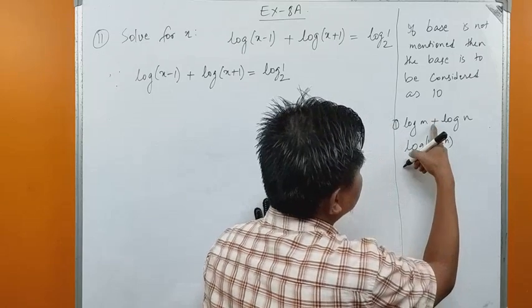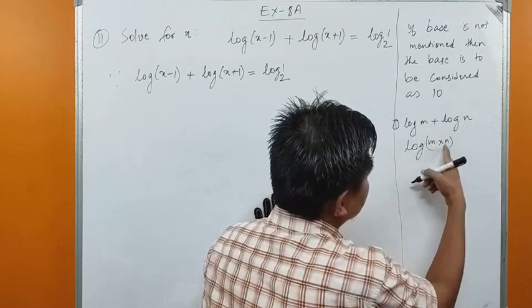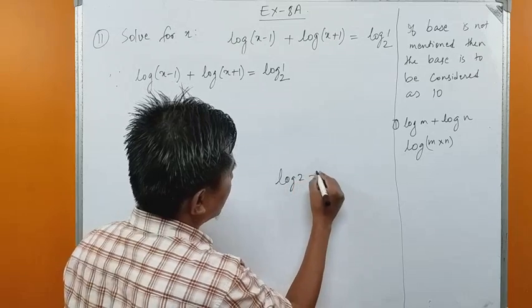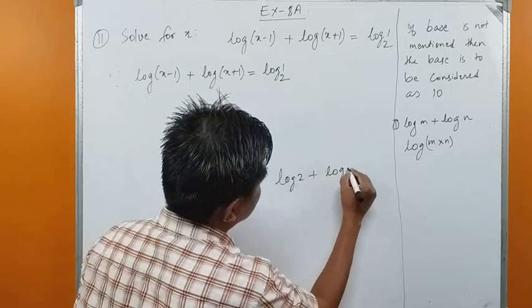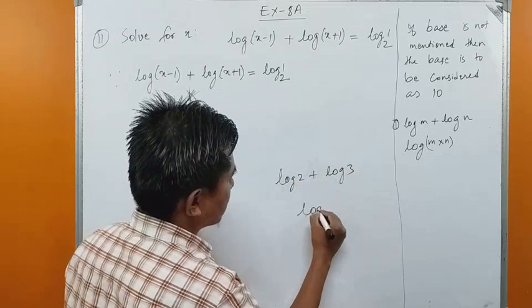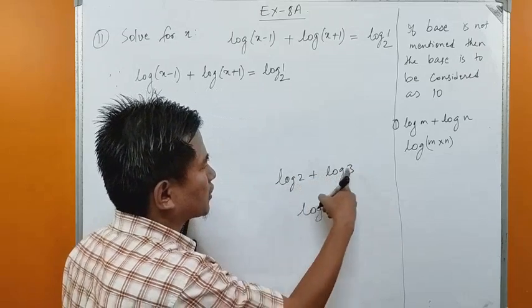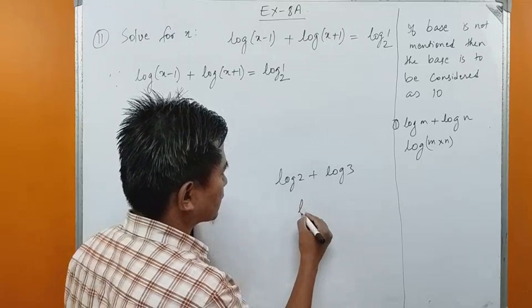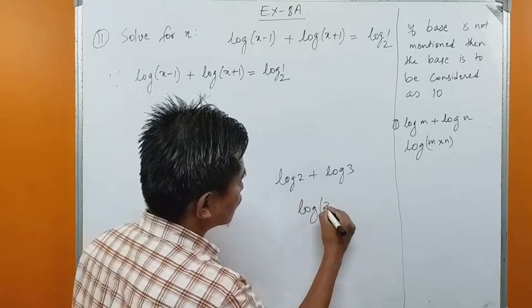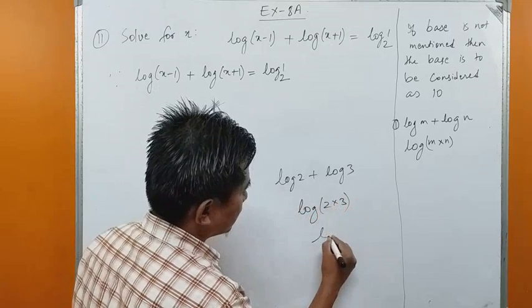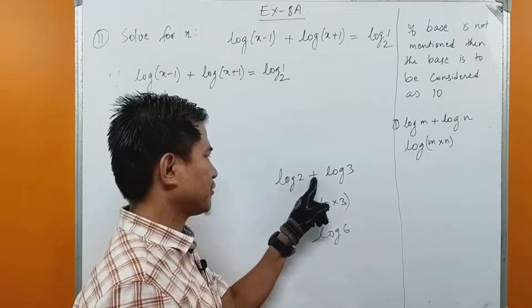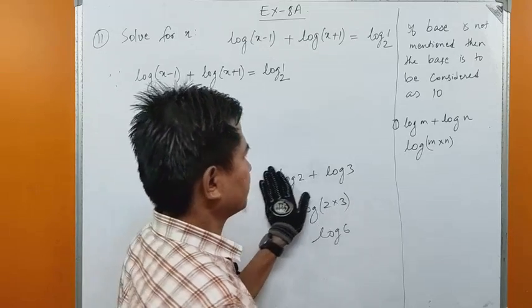If there is a plus sign, we must multiply m into n. This means log 2 plus log 3 is not log 5. Log 2 plus log 3 is log 6, that is log 2 into 3. Are you getting me? Yes. If there is a plus sign, we must multiply.